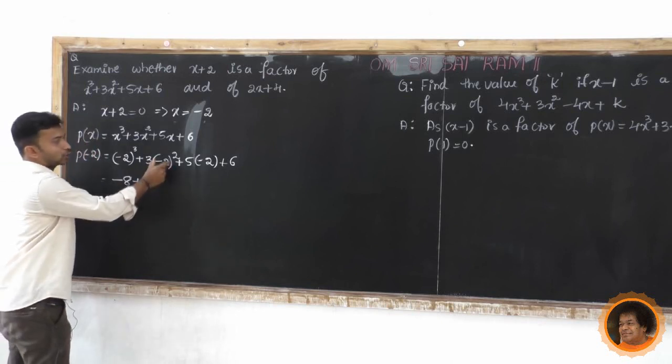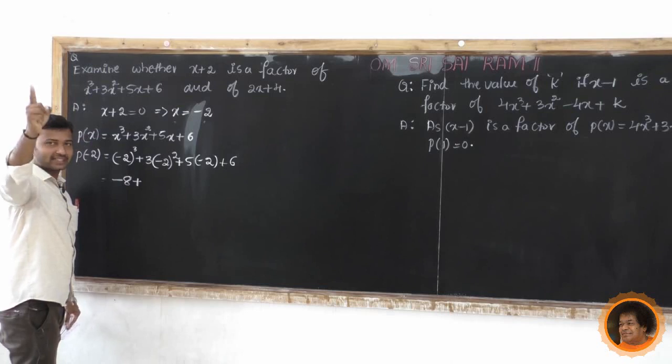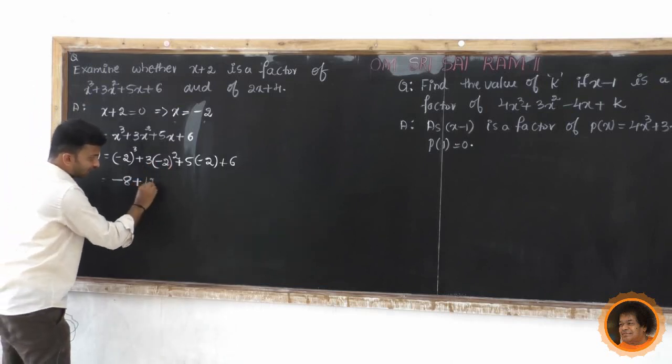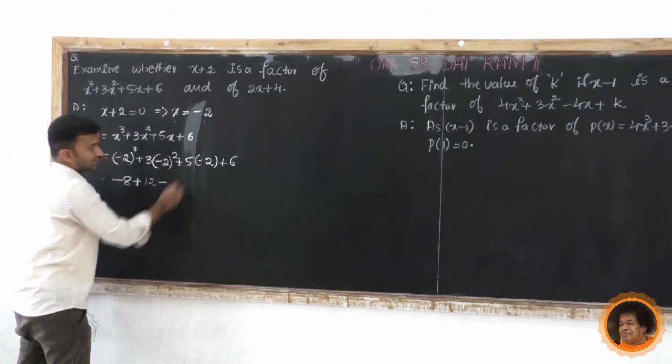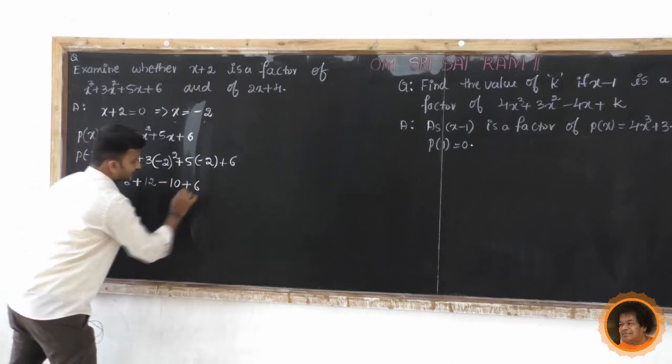Plus minus 2 power 2, minus 2 into minus 2 is plus 4, 4 into 3 is 12. Minus into plus, minus 5 into 2 is 10, minus 10 plus 6.